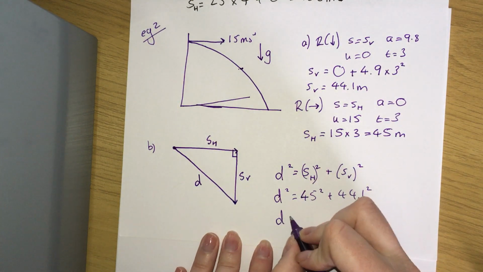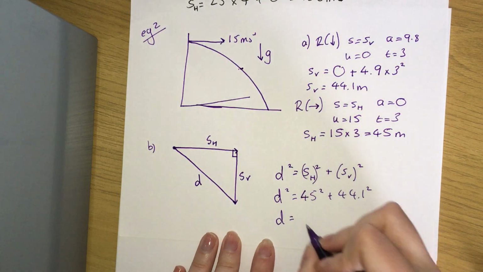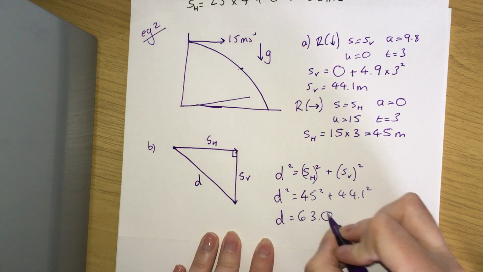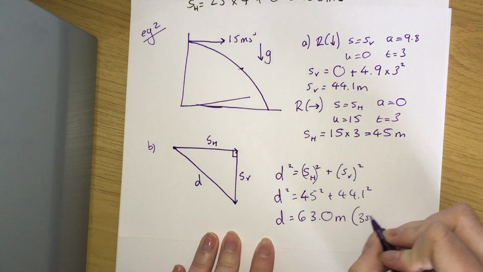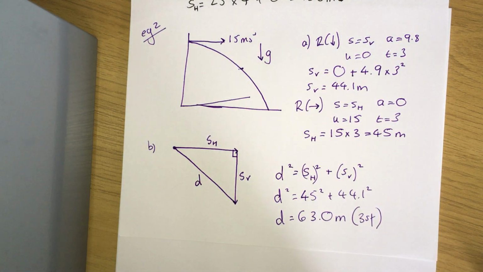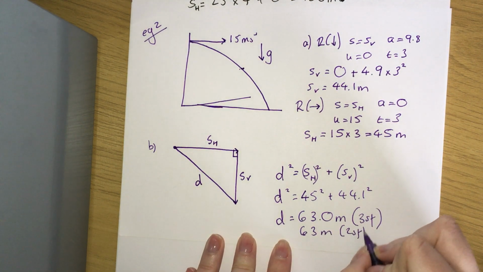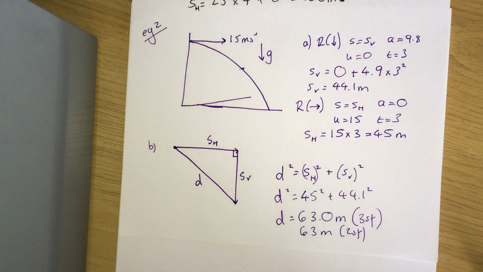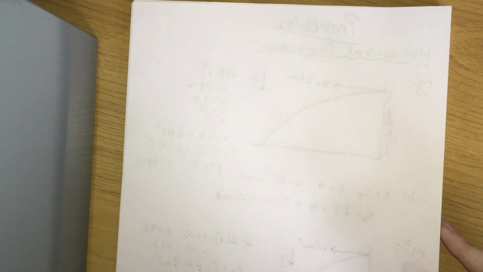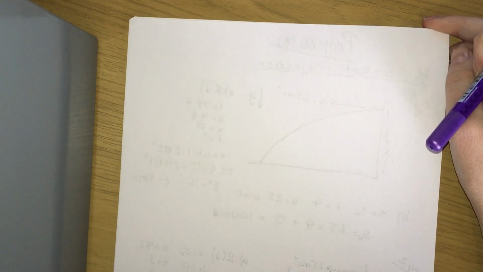Obviously I'm going to do that in my calculator and square root. So it's 63.0 metres to 3 significant figures, or because we've got gravity to 2 significant figures, we can do it to 2 significant figures being 63 metres. Okay. Nice straightforward problems.